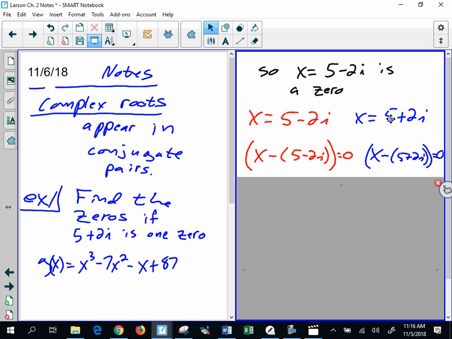And if I have a 0 of x equals 5 plus 2i, then the factor that that 0 came from should be x minus 5 plus 2i. That's going to need to sit and marinate, and you may need to pause the video here for just a second.